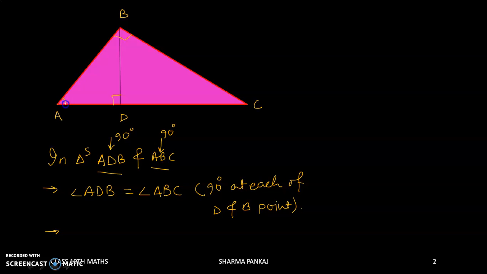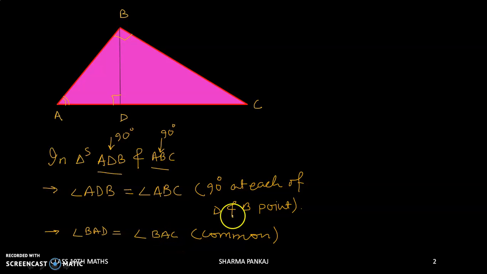This angle is common to both the triangle. This angle A is contained by both the triangle ADB and ABC. So you can write also angle BAD is equal to angle BAC, which is common to both the triangles.